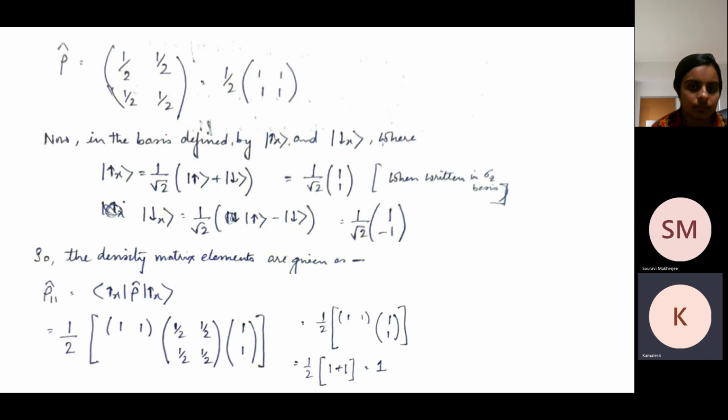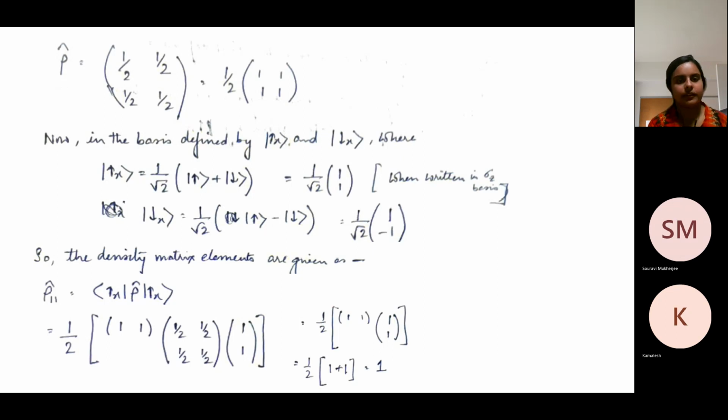Can you give any physical meaning? A physical meaning will come out. If you solve it, finally you will get a physical meaning out of it.